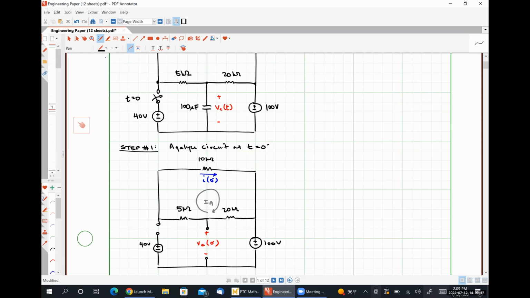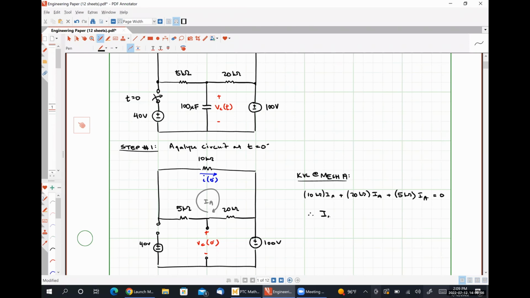So let me write that down. So KVL around mesh A, starting from the bottom left-hand corner, we would have 10 kilo ohms times IA plus 20 kilo ohms times IA plus 5 kilo ohms times IA is equal to 0, which means IA must be 0 amps.